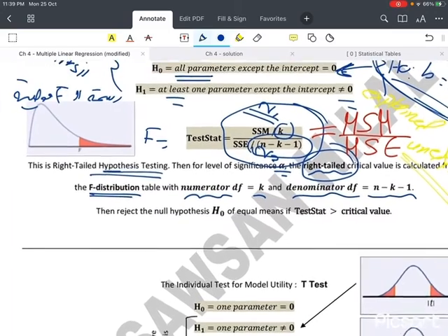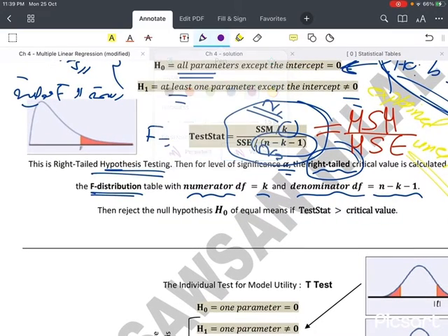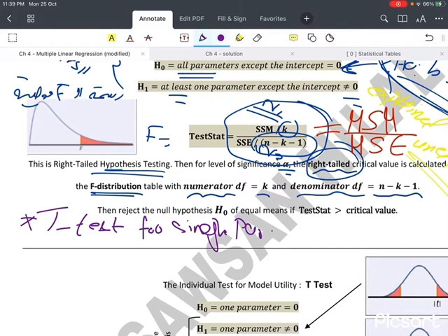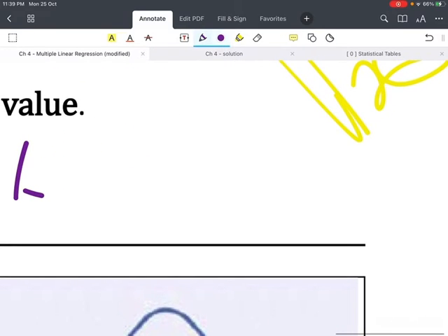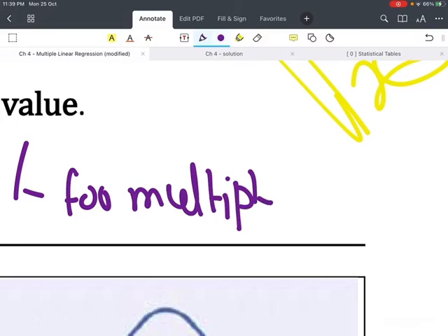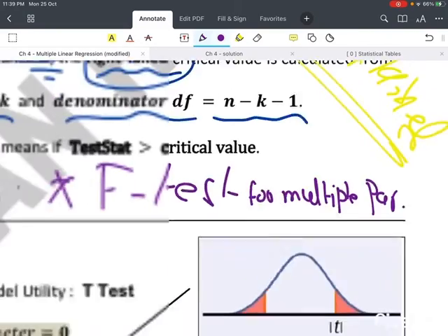So some note here, we'll write here: T test for single parameter, F test for multiple parameters.